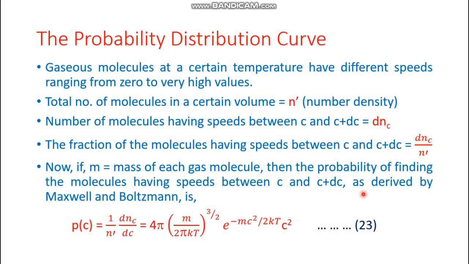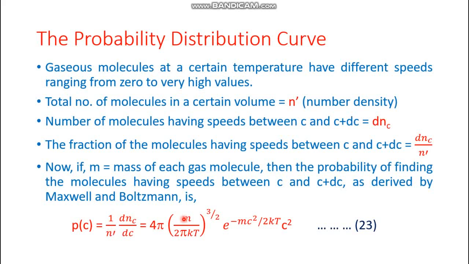This probability is denoted as Pc, and this is the ratio dnc by n prime when divided by dc. That is a very small range of speed here. So this is the fraction dnc by n prime, then divide this by dc. So actually it becomes 1 over n prime, then dnc by dc. So this is the probability of finding the molecules having speeds between c and c plus dc.